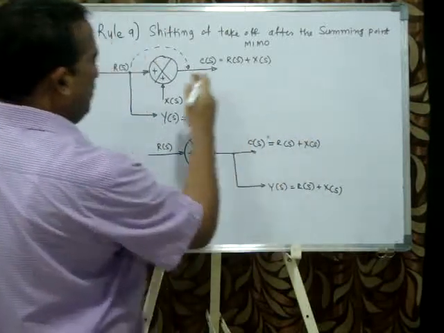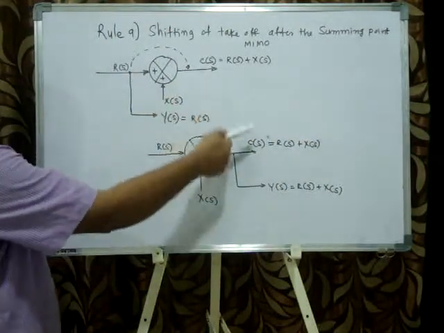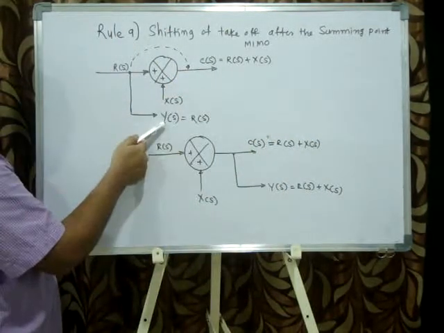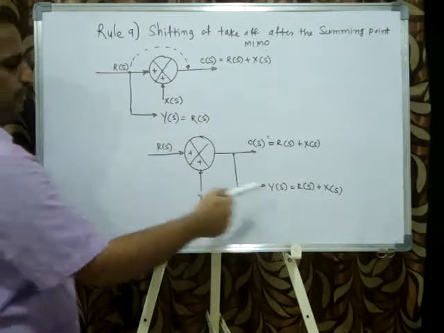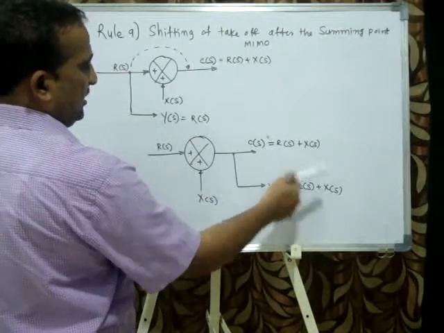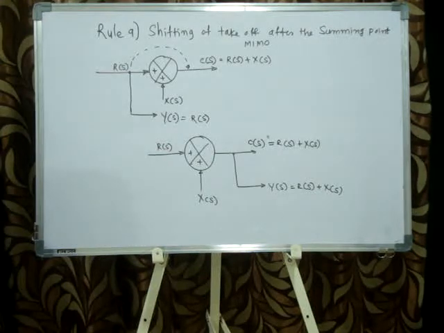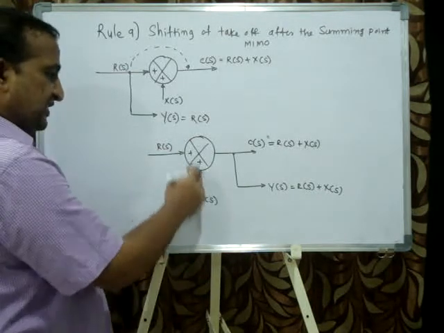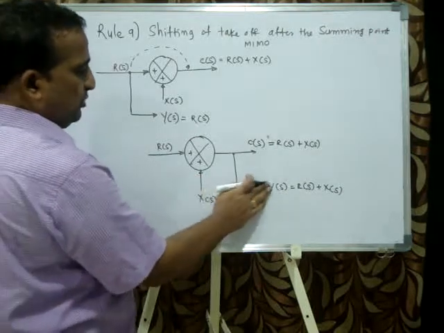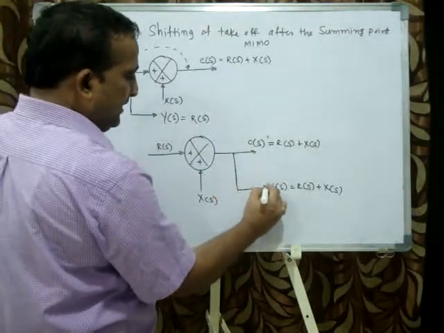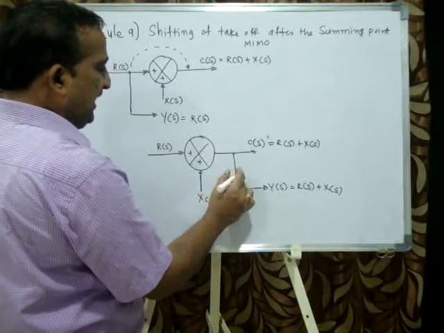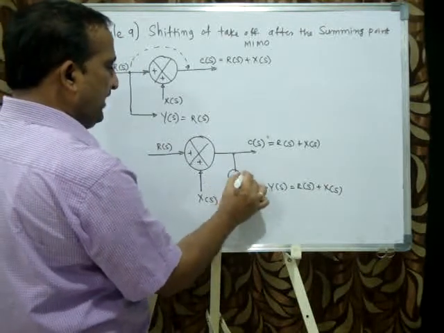Here you see the above equation. Okay, C of S is same, but Y of S I need only R of S, but plus X of S is adding. To remove plus X of S, I'll go for subtraction of X of S. So X of S is already available here. So whenever there is an addition and subtraction, I need one more summing point.